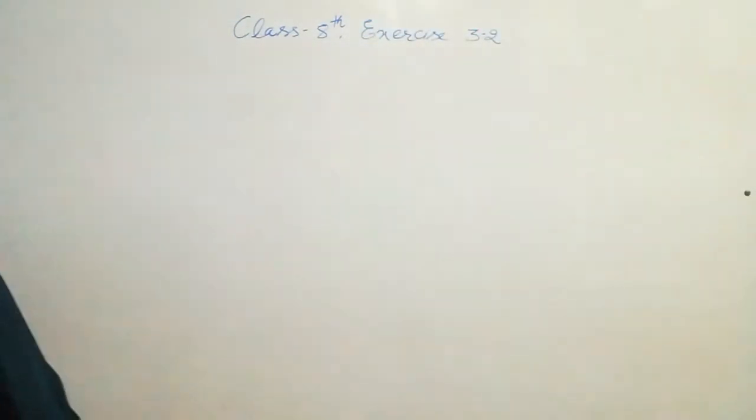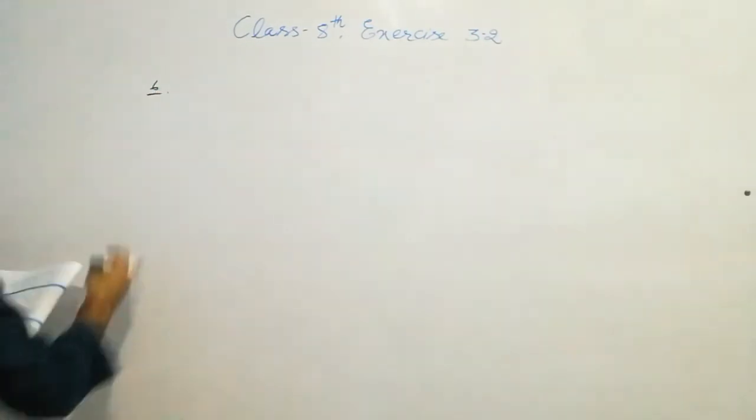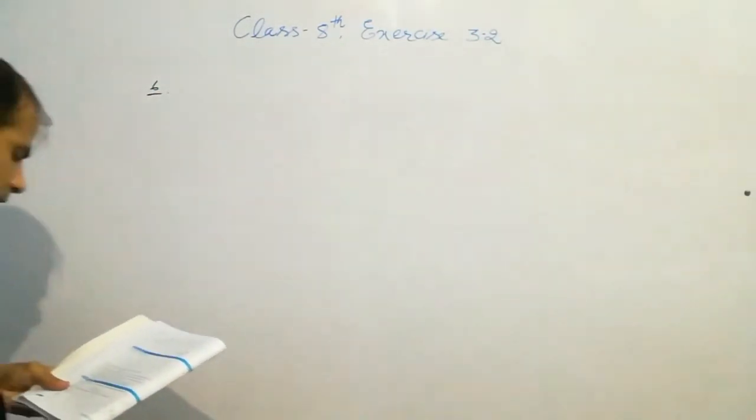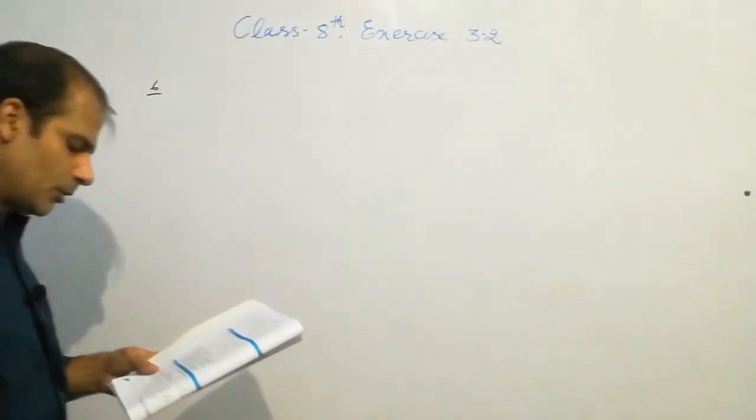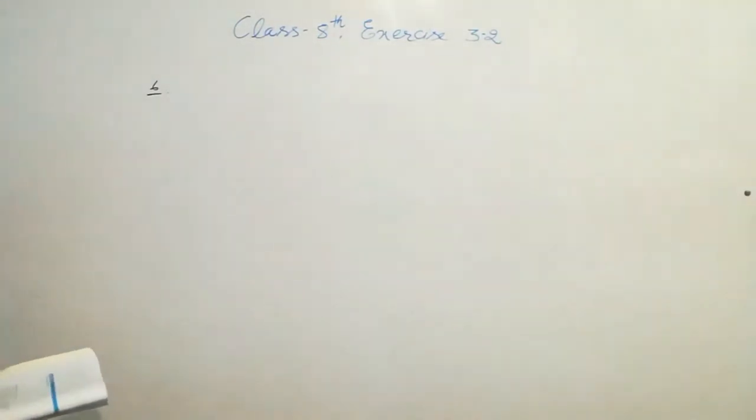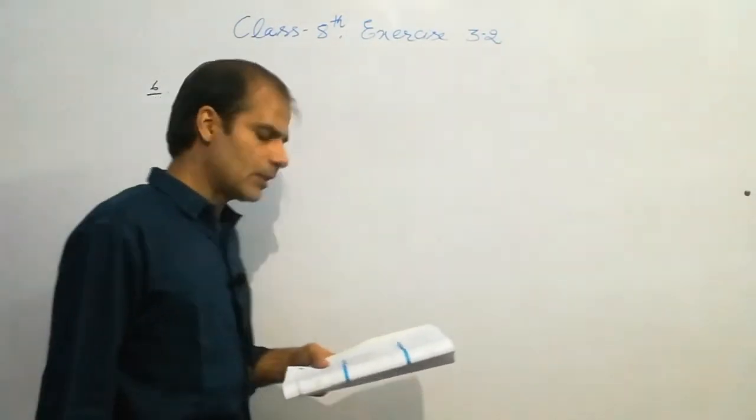Sixth question is: what is the minimum interior angle possible for a regular polygon? Minimum interior angle possible.